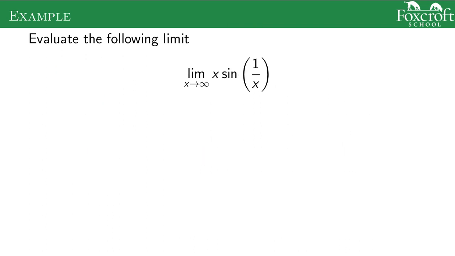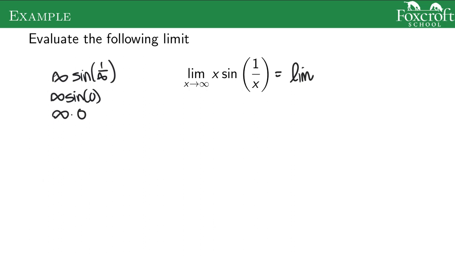This one is a limit at infinity. If I plug in infinity, I get infinity times sine of 1 over infinity. 1 divided by infinity is 0, and sine of 0 is 0. So again, I get infinity times 0, an indeterminate form, and we'll have to use L'Hopital's rule. Whenever we have 0 times infinity, I'm going to take the simpler of the expressions and throw it on the bottom of this fraction.